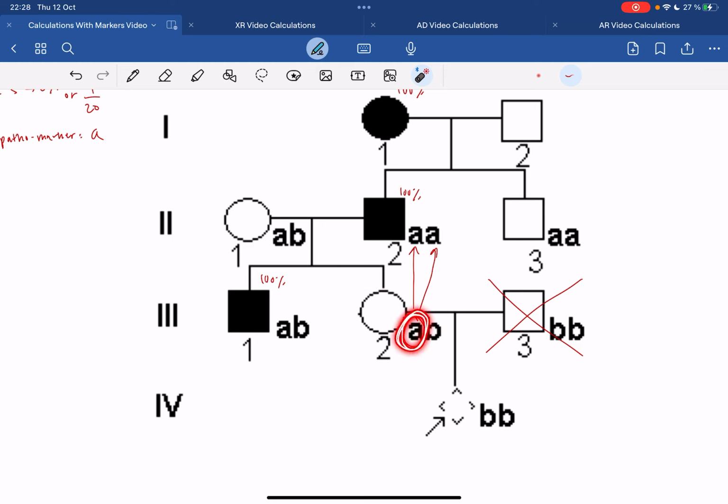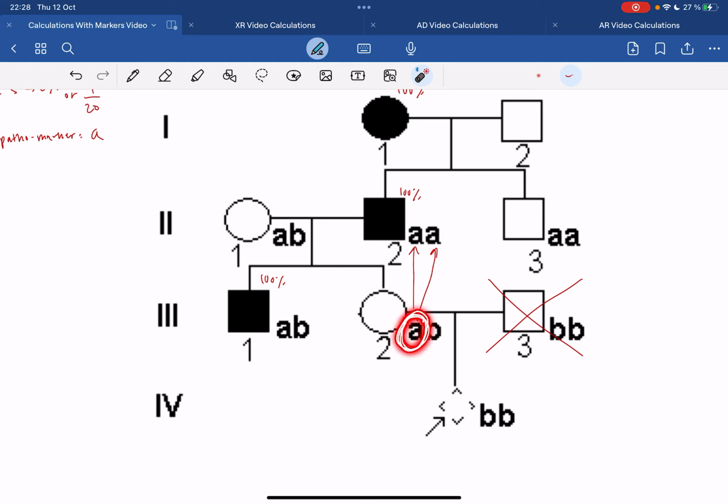But this A has to be either the non-pathogenic or the pathogenic A from her dad. Therefore, we have to draw a Bayesian table, because again, we're unsure about her chance of being a carrier, and we do have penetrance.